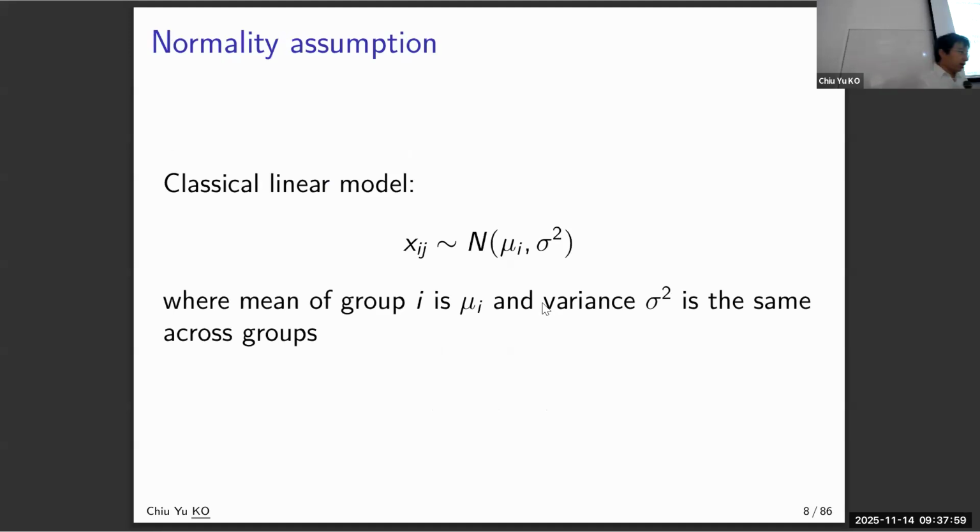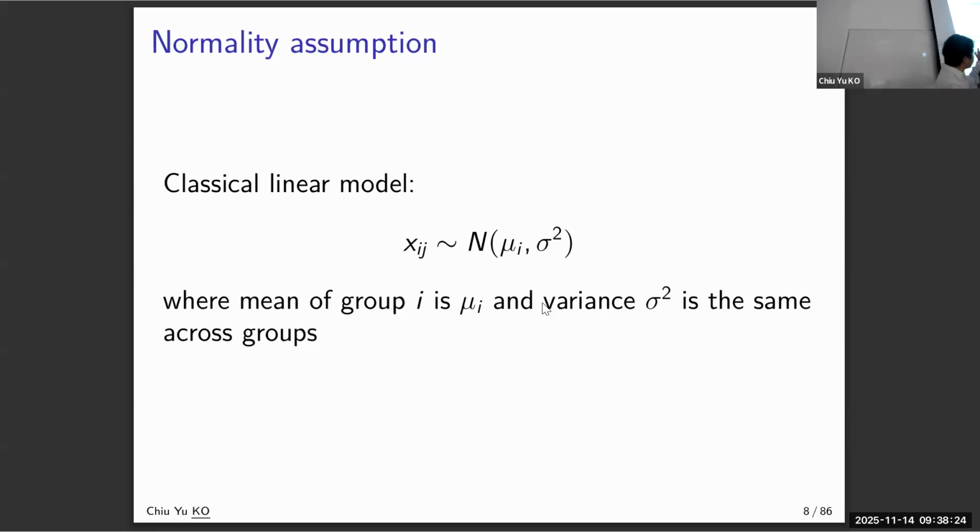And as we said, this is going to generalize the 2-sample t-test with equal variance. So as in the t-test, we will assume a bell curve, normal distribution. So here we also keep the same assumption because we just generalize from 2 groups to more than 2 groups.